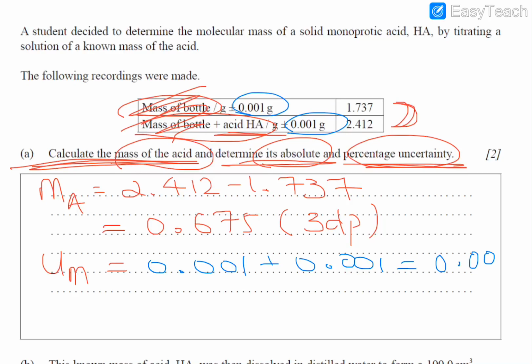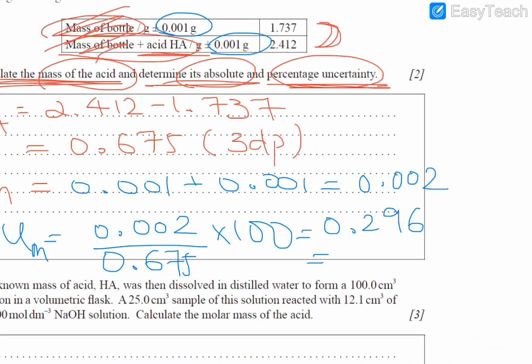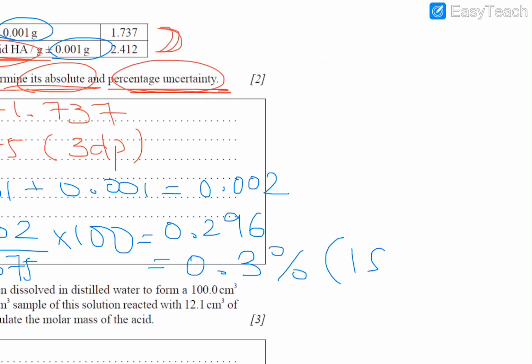So that's the absolute uncertainty, and the percentage uncertainty is going to be 0.02 divided by the value. That gives me 0.296%, which I round up to 1 SF, so 0.3%. So 1 SF here.